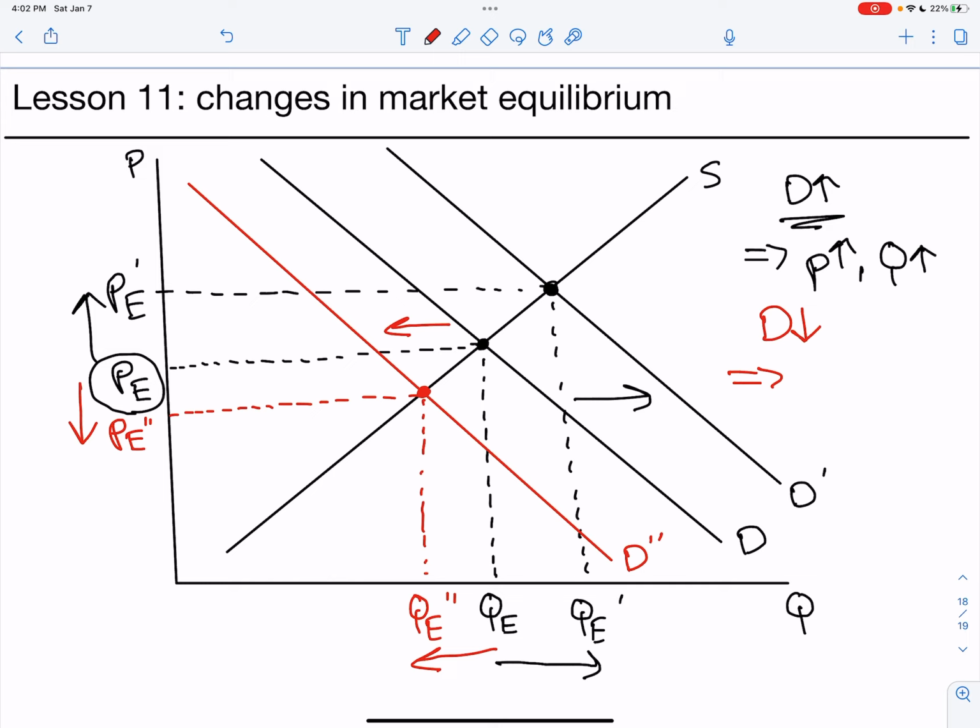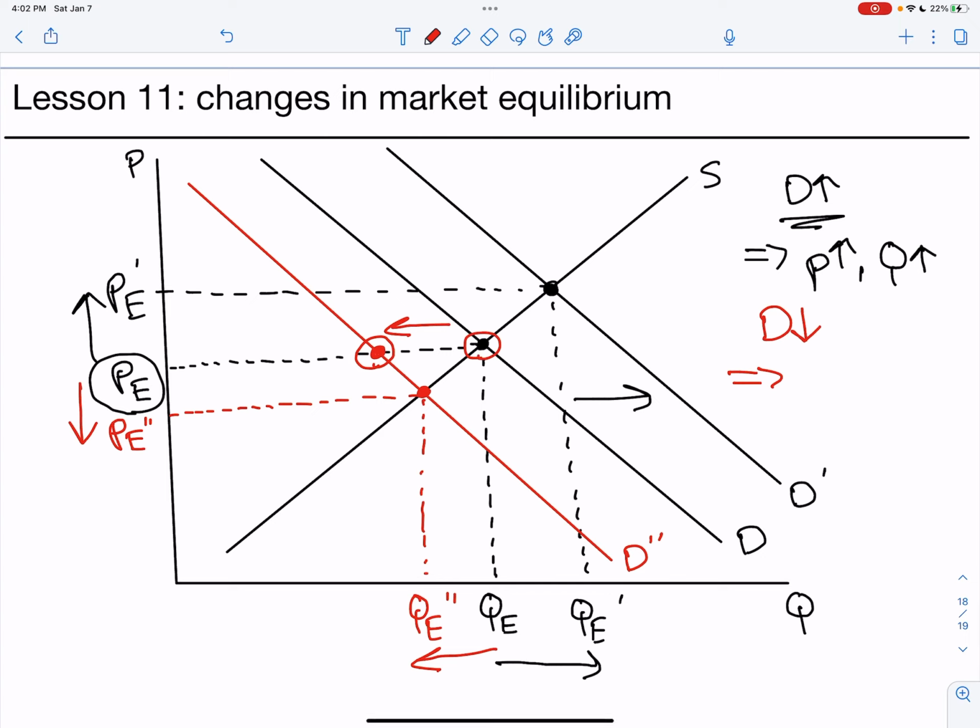Well, very similar. When the demand curve shifts to the left, this creates a surplus. If our price were still PE, quantity demanded would be here, quantity supplied would be here.